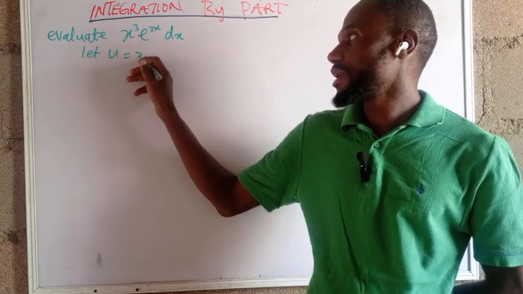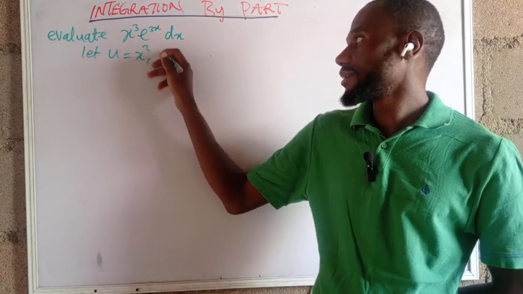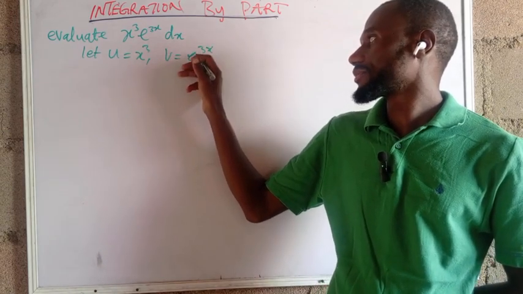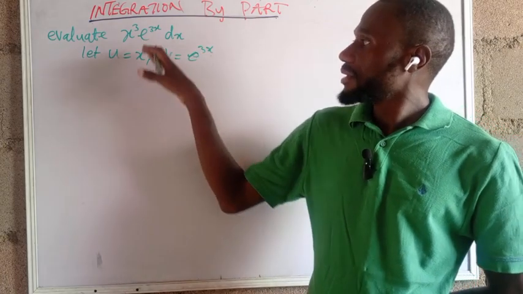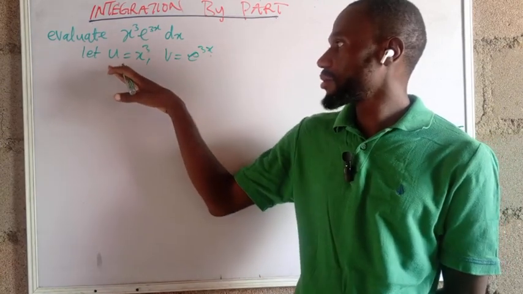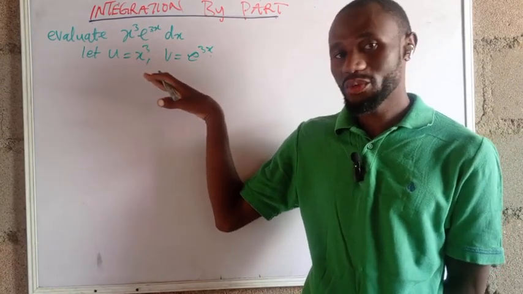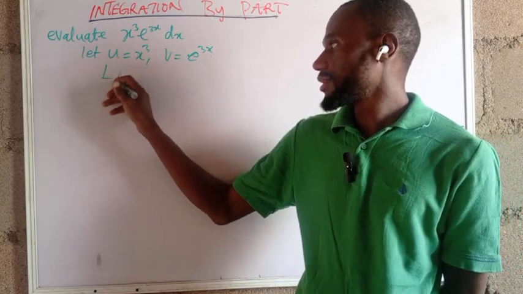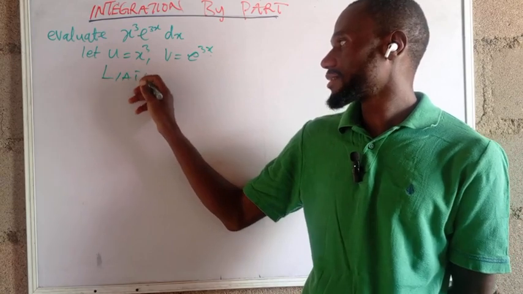be equal to x cubed and dv to be equal to exponential 3x, and there is an acronym for you to know which one you are going to let be u and which one you are going to let be dv, which is called LIATE.